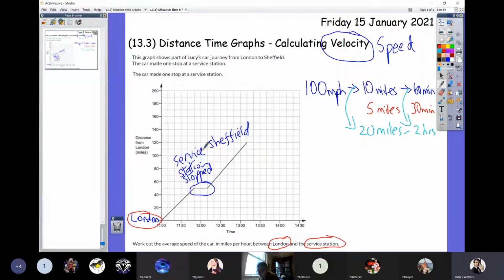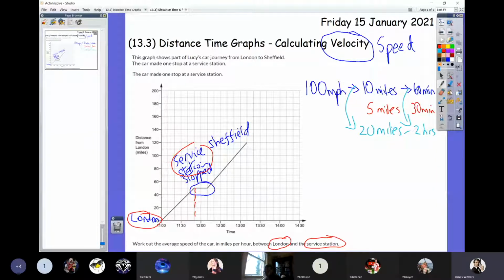So when did we get to the service station? Draw a line down where you got to the service station and carefully work out what time it was. We're going from 11:30 and it's 3 squares to get to 12, so be careful. That's going to be 10-minute squares: 11:40, 11:50, 12 o'clock. So I can see that I got to the service station at 11:50.